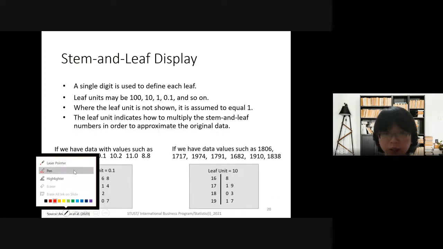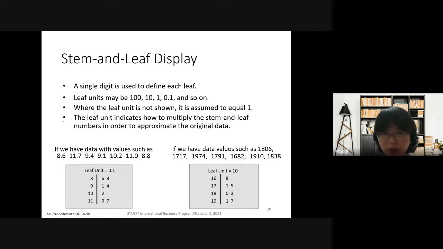In the stem and leaf display, the important thing to remember is the leaf unit, how much you need to define it. If the leaf unit is 0.1, for example, 8.6 will be stem 8, leaf 6, because the leaf unit is 0.1.